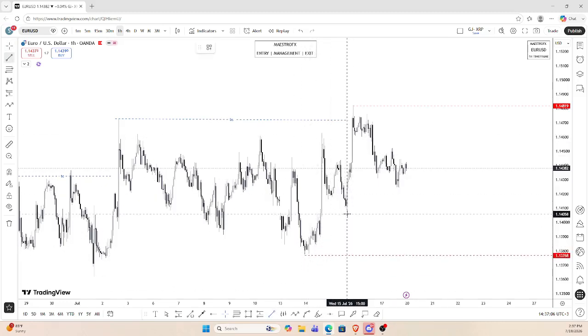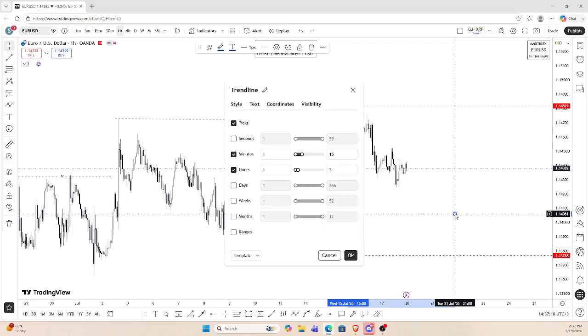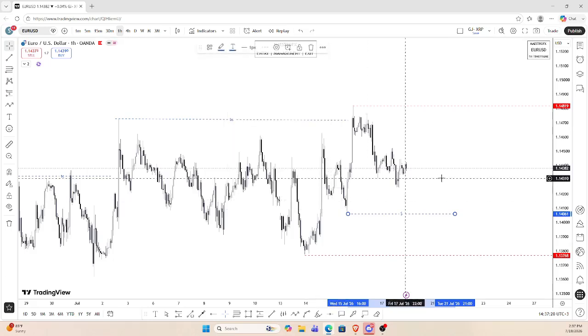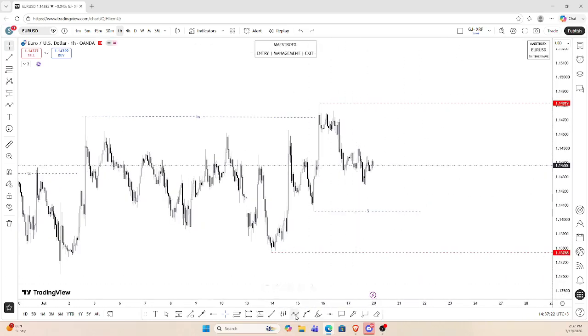This internal structure, I'll be using it as internal liquidity, and it's only when we get a swipe of this internal liquidity that I'll be looking for longs to push price further to the upside.